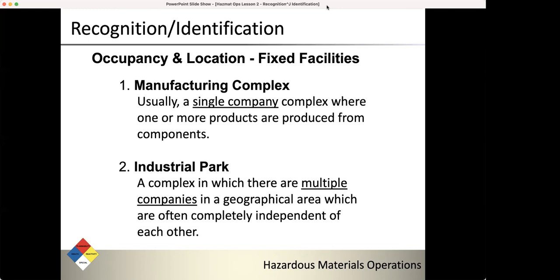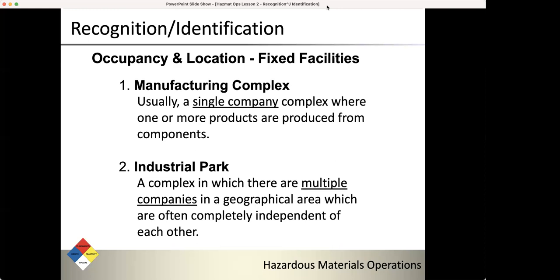2 types of fixed facilities are the manufacturing complex. So that's a single company. That's the key identifier there. Distinguishing item is it's a single company where one or more products are produced from its constituent components. The other type of fixed facility is an industrial park.